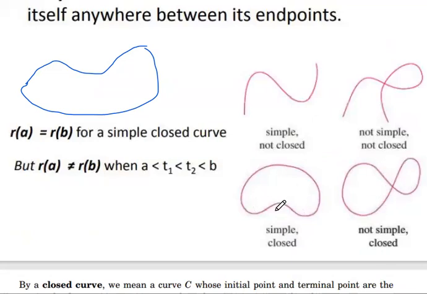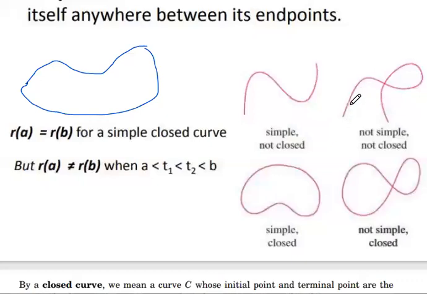These are two-dimensional paths, right? This is a simple two-dimensional closed path. This one is not simple, but closed. This is not closed and not simple.